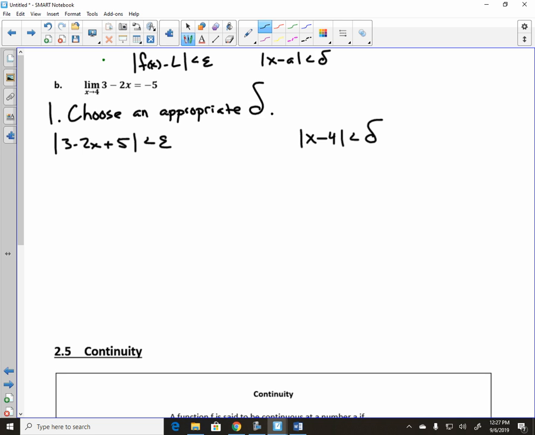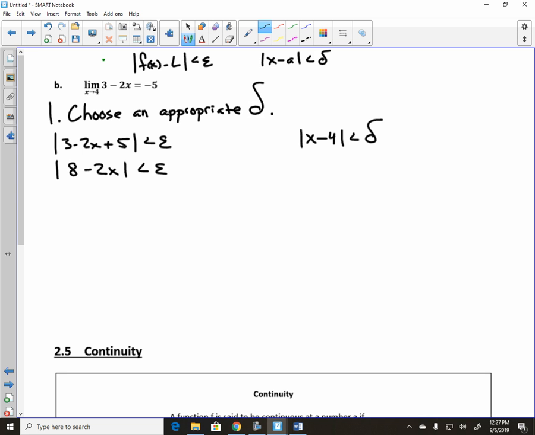Now what? Eight minus 2x less than epsilon. What's our goal? We want to make the left look like the, how would that happen? What do we have to do? Take out a -2.